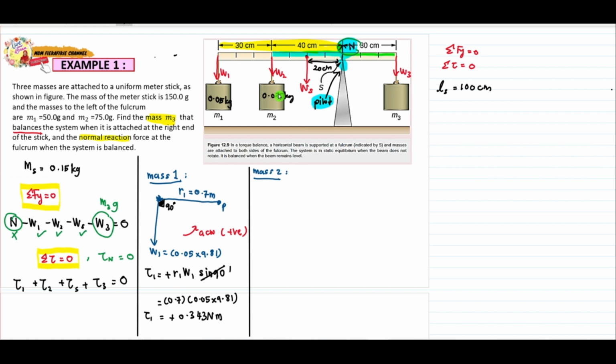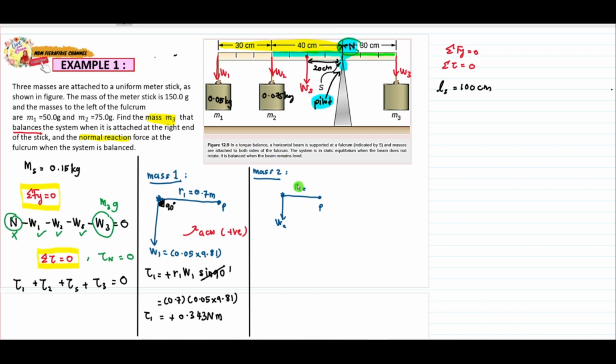Okay, so let's draw. This is the pivot point. So from the pivot point to the point where we put the force W2, which is in the downward direction, and this is R2.